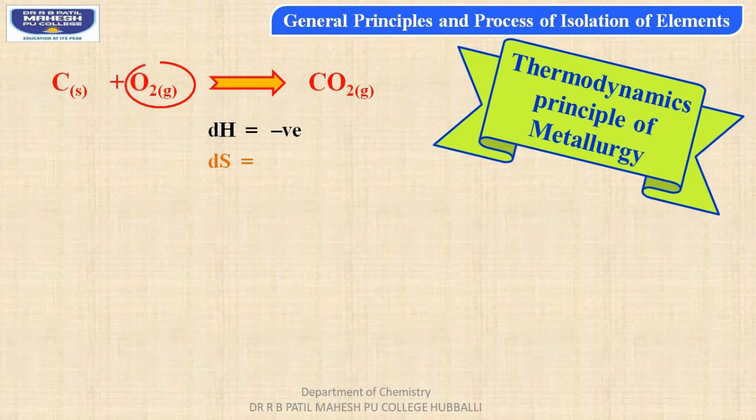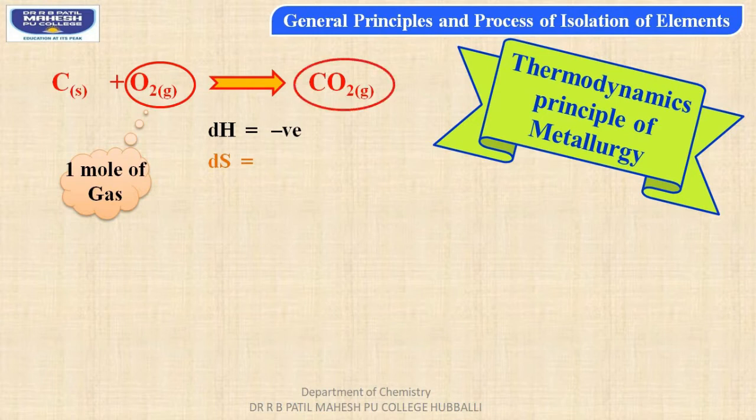The oxygen molecule on the reactant side is 1 mole of a gas, whereas on the product side students, again the gaseous state, that is carbon dioxide molecule, is also 1 mole. As a result, change in entropy on both sides, reactant as well as product side, is the same, that is 1 mole. As a result, change in entropy becomes 0.